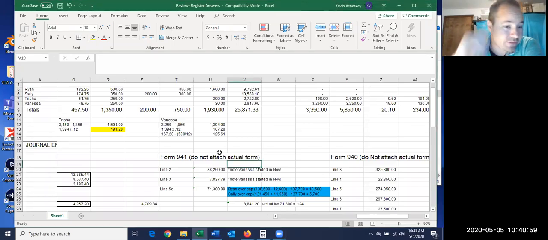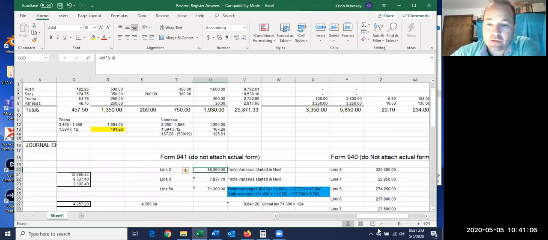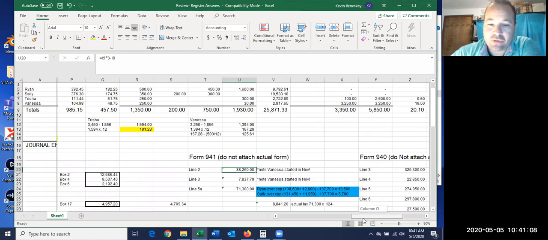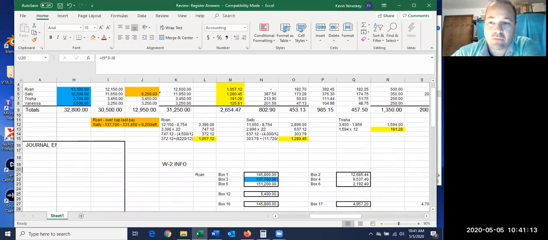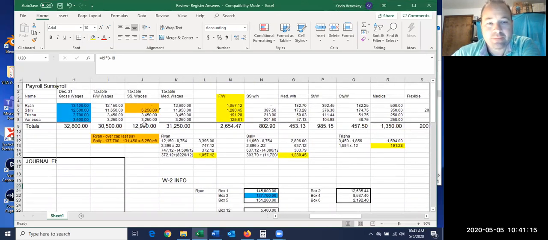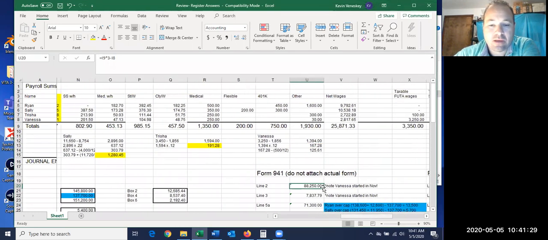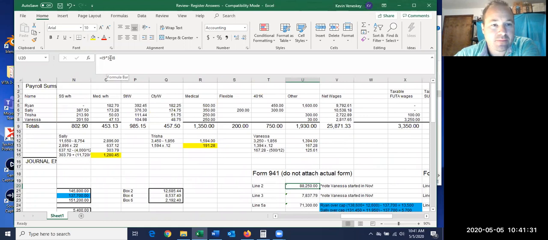Okay, let's do form 941 first. Line 2, we can't simply just take our federal wages and multiply it by 3 and be done. Remember, that's what line 2 is, your quarterly wages for federal withholdings. So what I did instead is I took this number, 30,500, and multiplied it by 3.